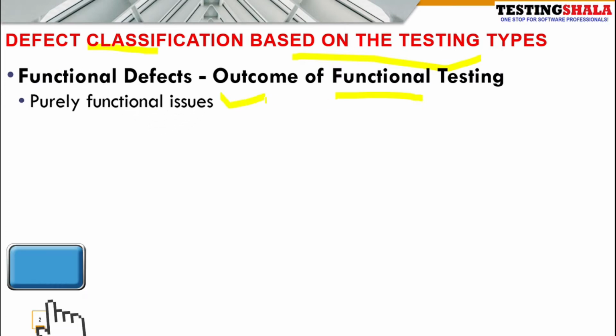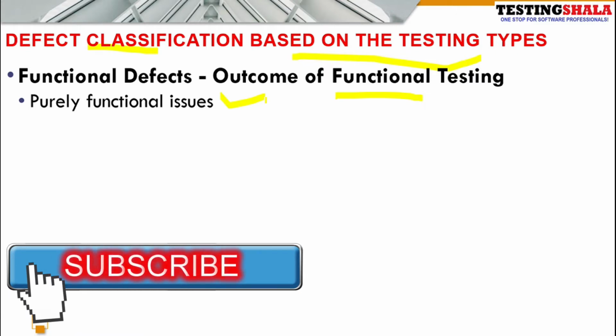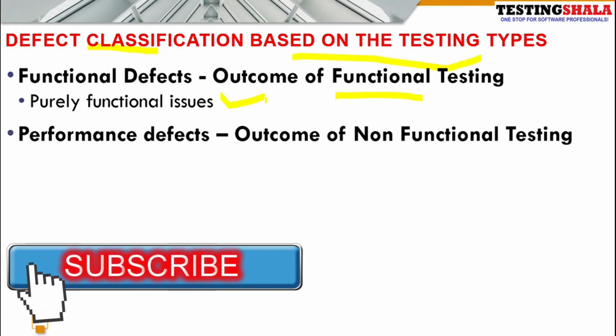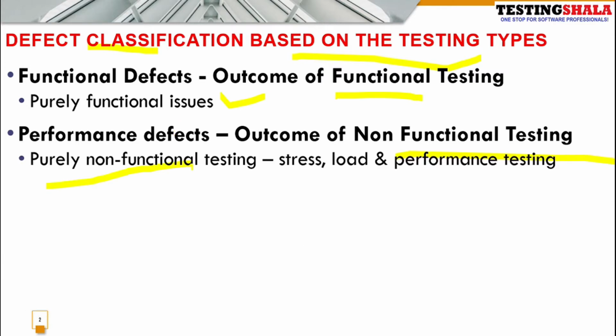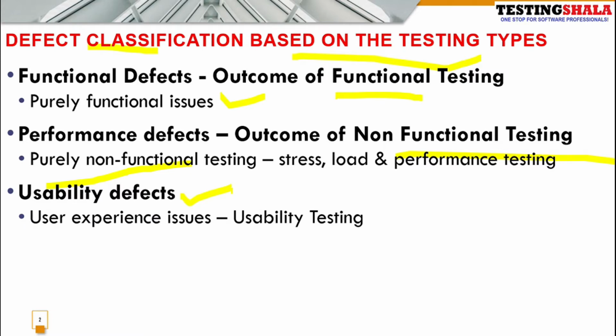The second type of defects is performance defects. Again, performance defects are more of an outcome of non-functional testing. We also have usability defects, which are related to user experience or usability issues and are the outcome of usability testing.